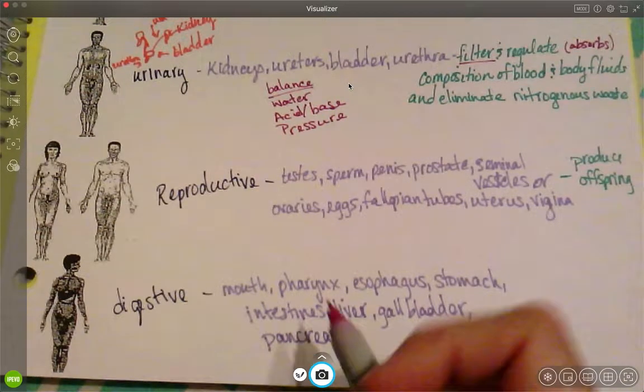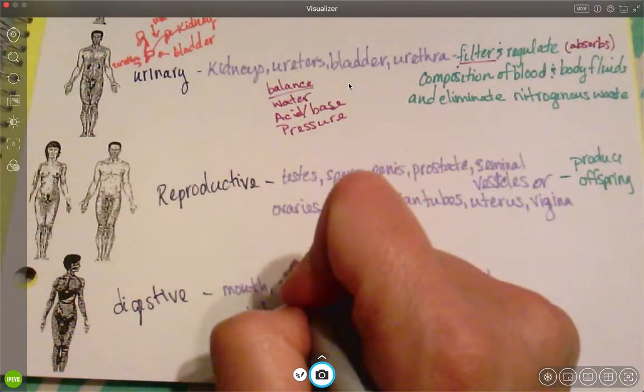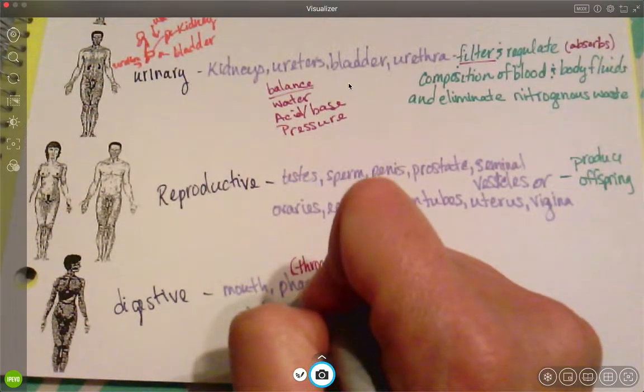Now, pharynx is not a word we've seen. It's a fancy word for throat.